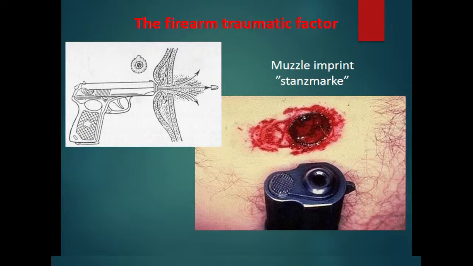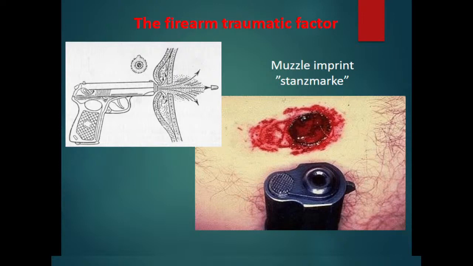This is a kind of surprising effect for some people, because most people know that a firearm moves backward when shooting, not forwards. So it seems it should not hit the skin. But indeed, what happens?